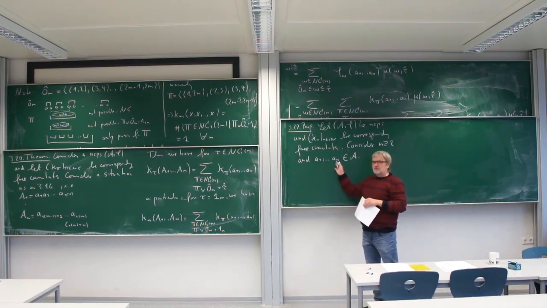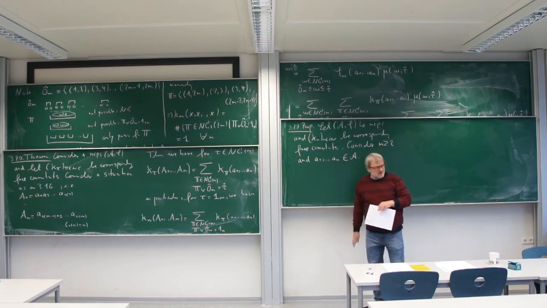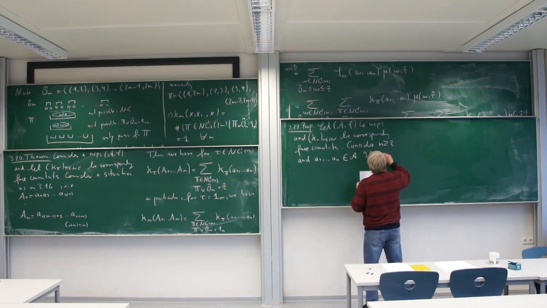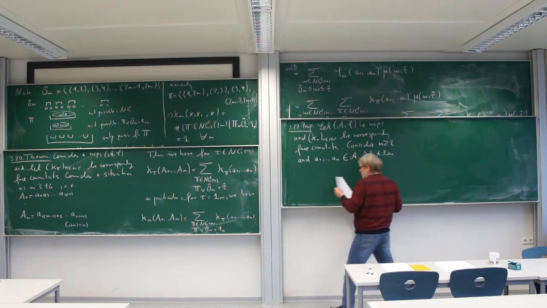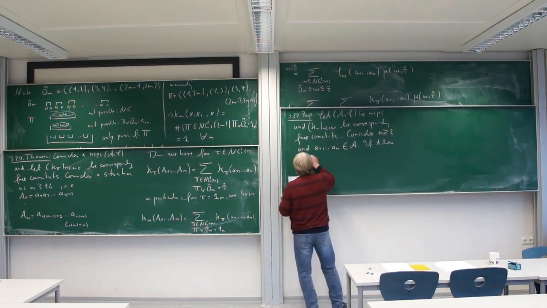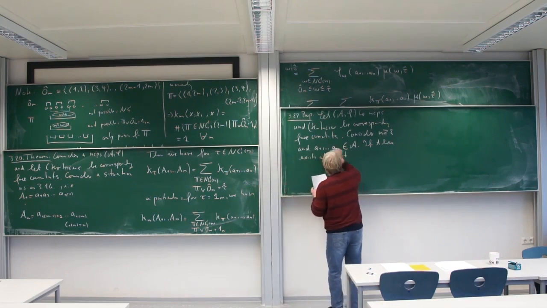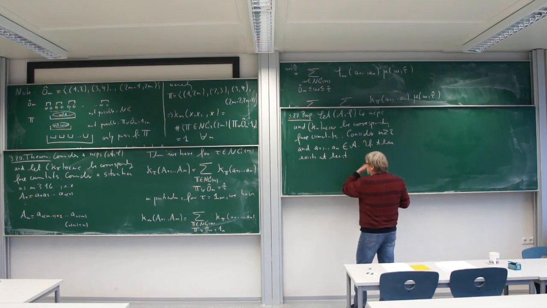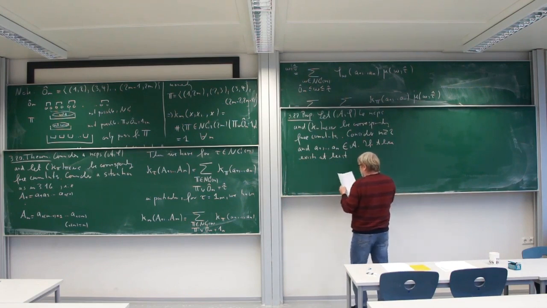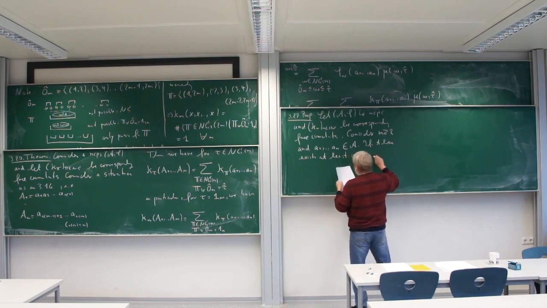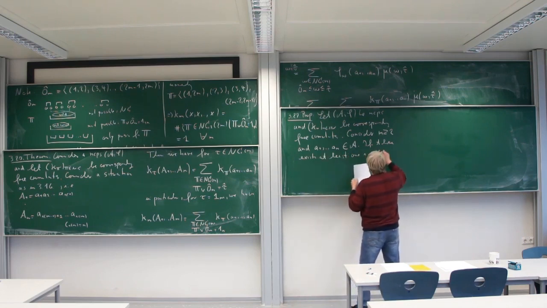If it happens that at least one of those a's is equal to 1, then the corresponding cumulant is equal to 0. That is, there exists at least one index i between 1 and n such that a_i is equal to 1.